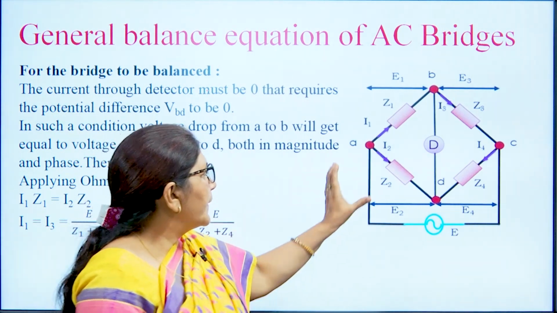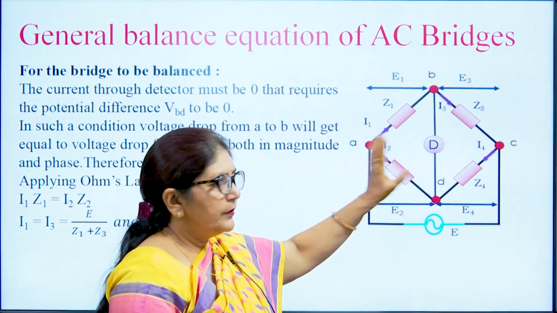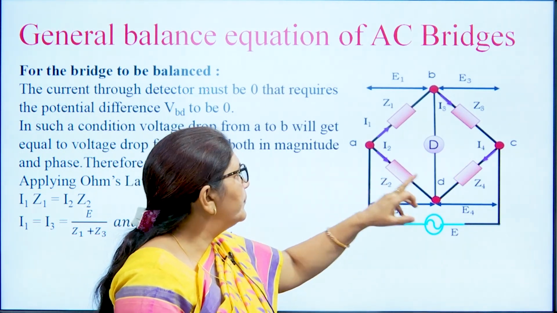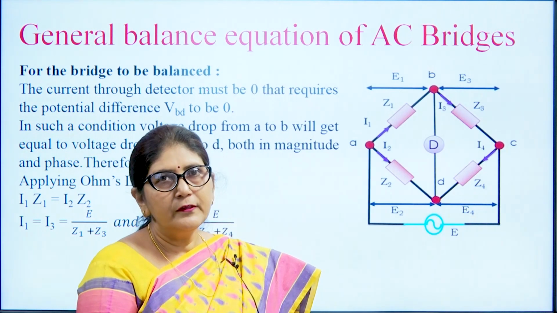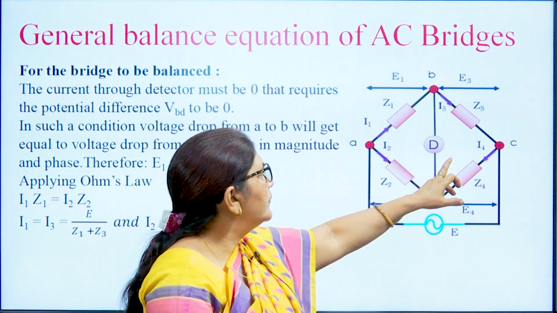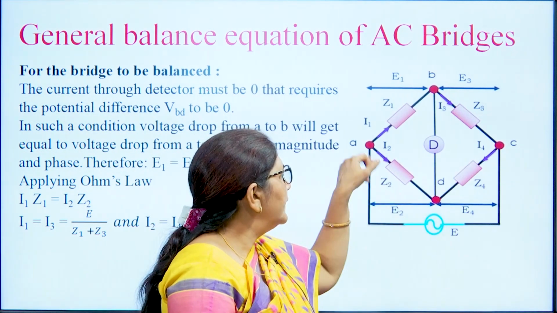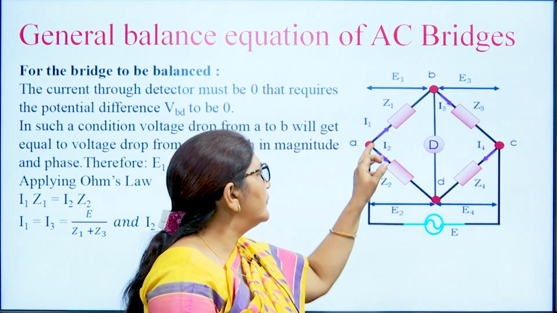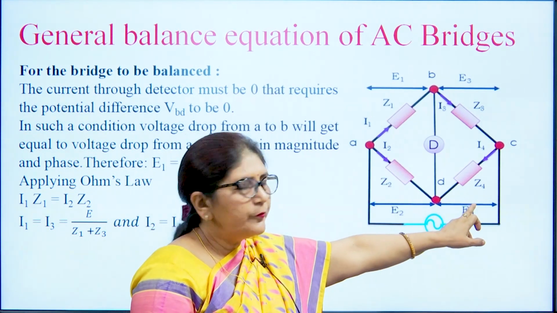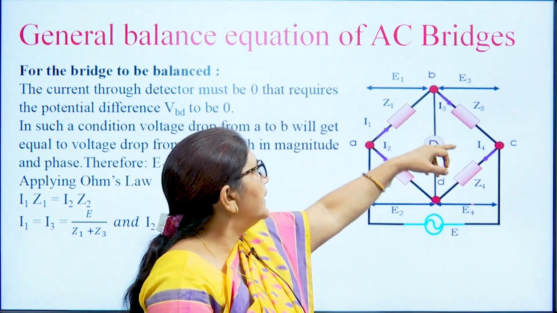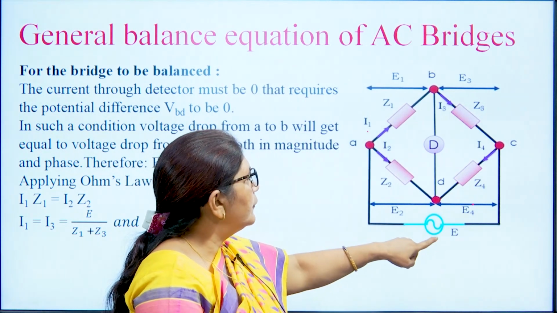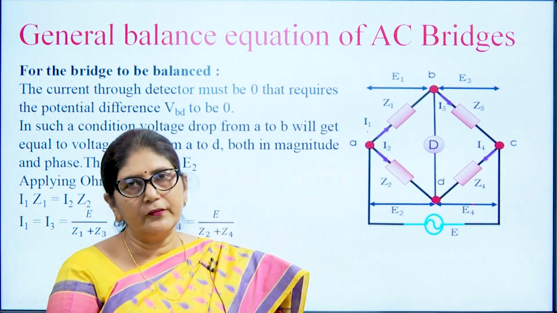Since there is no current through the detector in the balance condition, I1 Z1 is equivalent to I4 Z4, or I2 Z2, because this current is the same, I2 is equal to I4. So, this is equivalent to E divided by (Z1 plus Z4). Similarly, here the current I1 is equivalent to I3, so that is equivalent to E by (Z1 plus Z3).